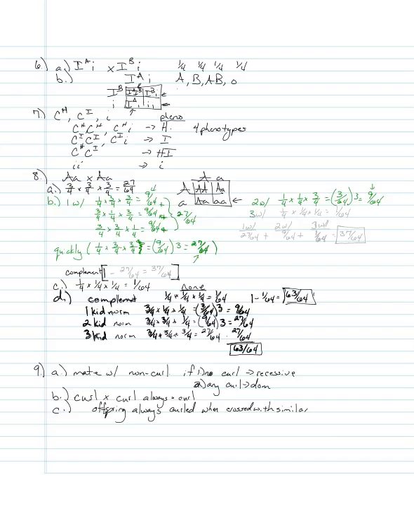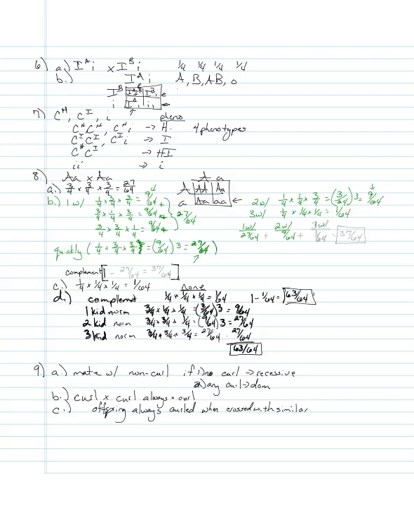Or I could have all three with the disease, and that one's the easy one, because there's only one way that can happen. 1/4 times 1/4 times 1/4, which gives you 1/64. So if one has the disease, the probability is 27/64. If two have the disease, then I got 9/64.